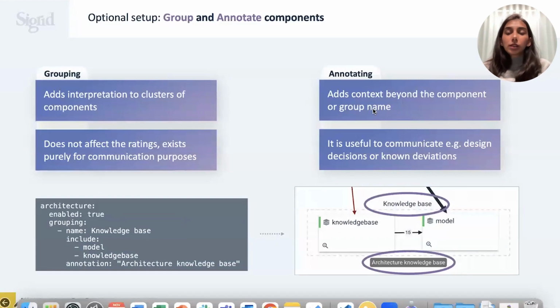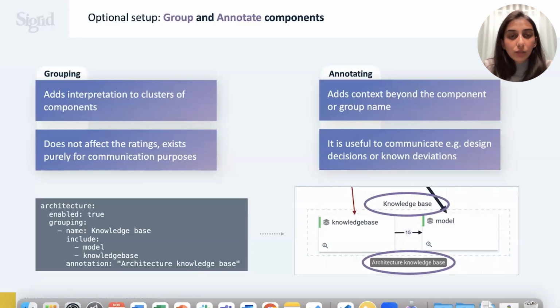The next thing that you can do in terms of customization with the architecture is grouping and annotating. With the architecture picture that is shown here, it is useful if you want to group subcomponents, give that group a name and write some annotation about it. For example, in this example, if I group these two components, knowledge base and model, and call this group knowledge base, I can also annotate the architecture knowledge base.